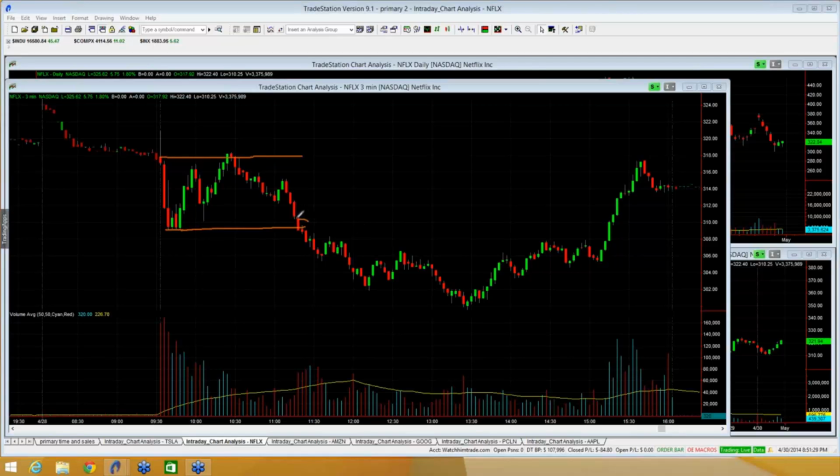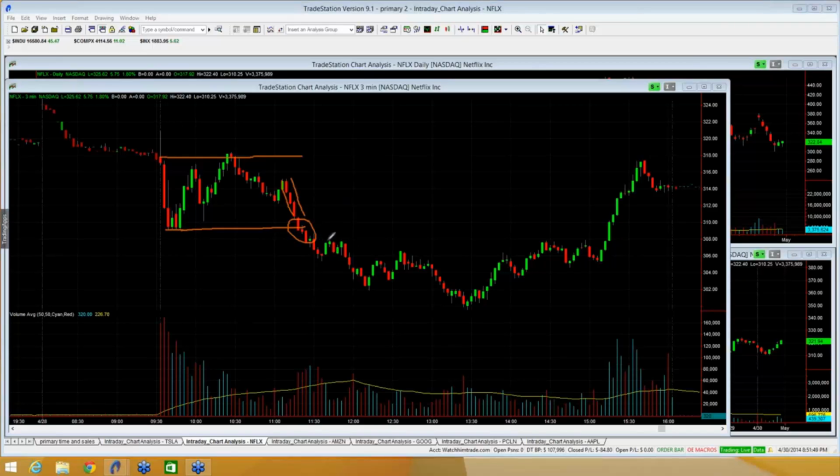So notice when Netflix starts to approach 308, unlike the Amazon example I just showed you, it's able to move right below it right away. It doesn't really hesitate at all. It makes a nice clean move down to 308, cracks below the low of day, and then continues.